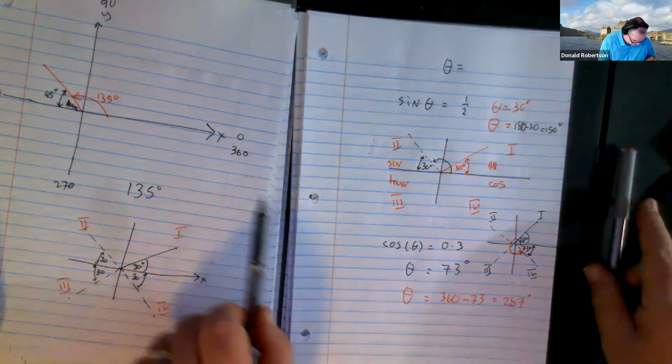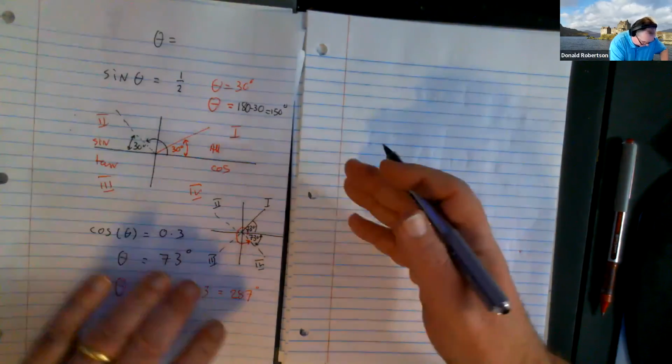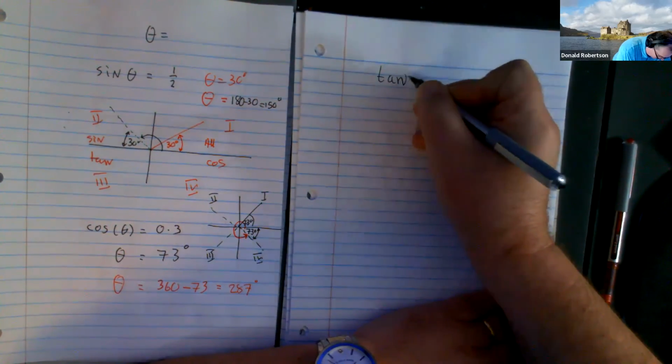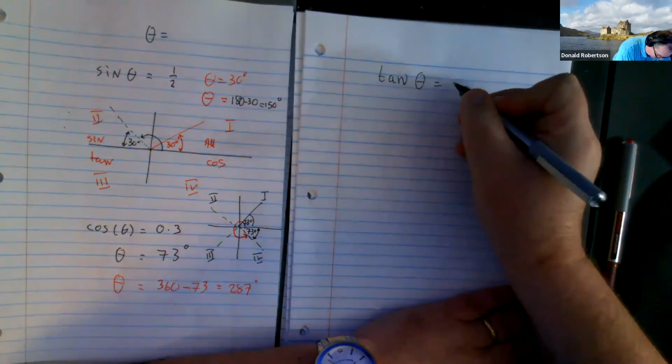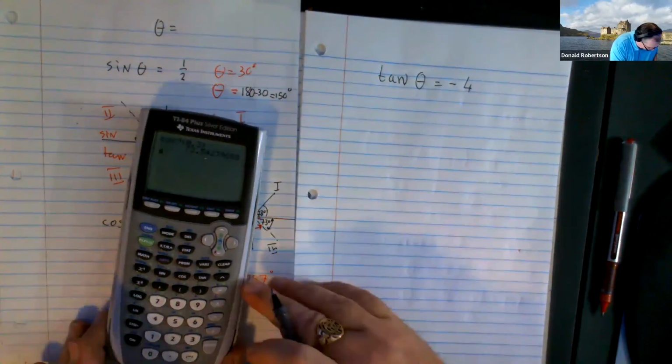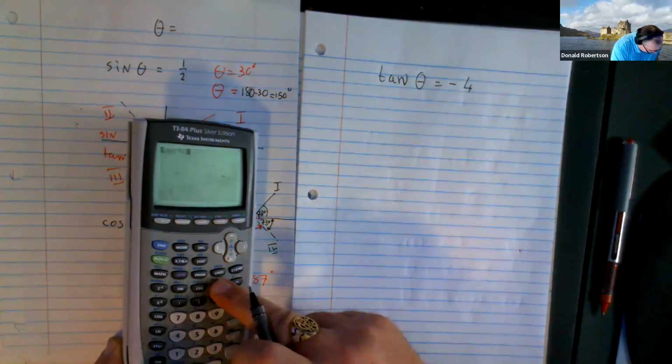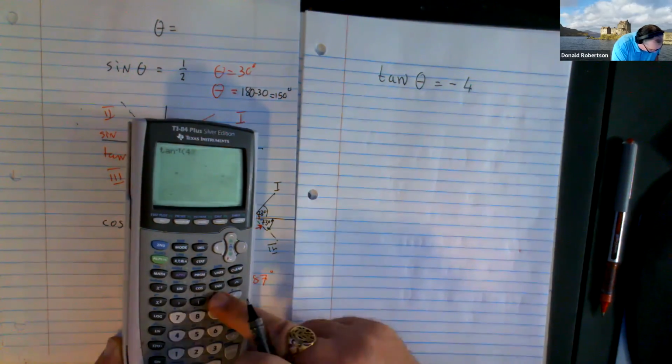Let's put a negative into this. Let's suppose we have that the tan of theta is -4. And again, I'm going to go inverse tan to find out what the angle is.